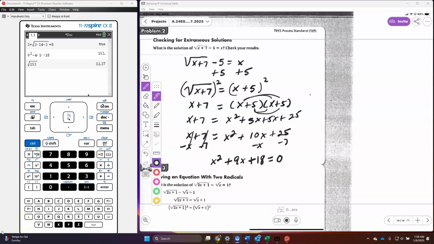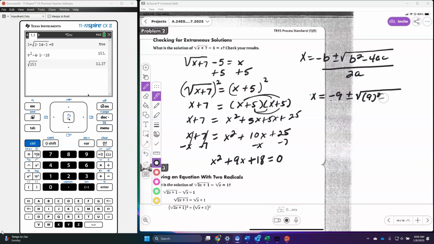I'm going to go ahead and use the quadratic formula. X equals negative b plus or minus square root b squared minus 4ac, divided by 2a. So x equals negative 9 plus or minus square root 9 squared minus 4 times 1 times 18, divided by 2.